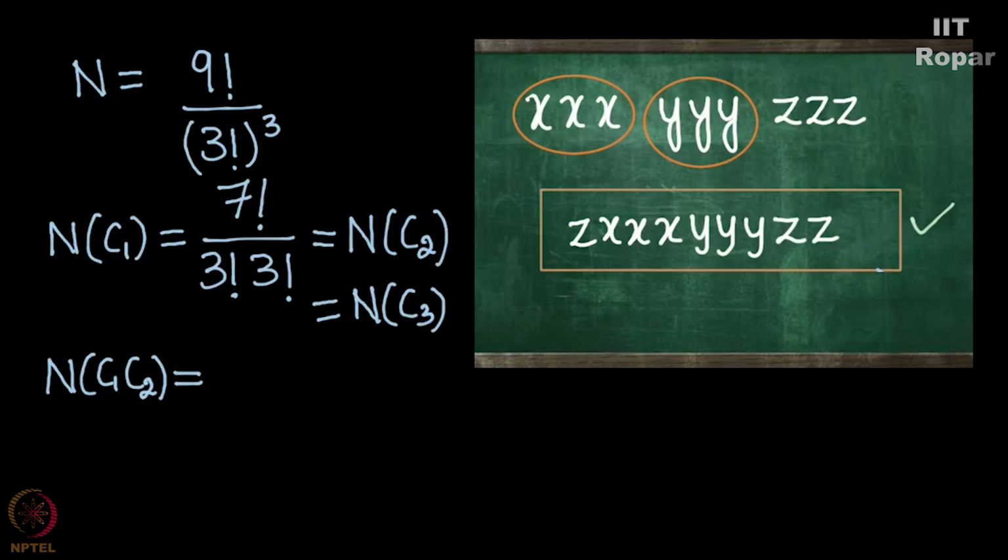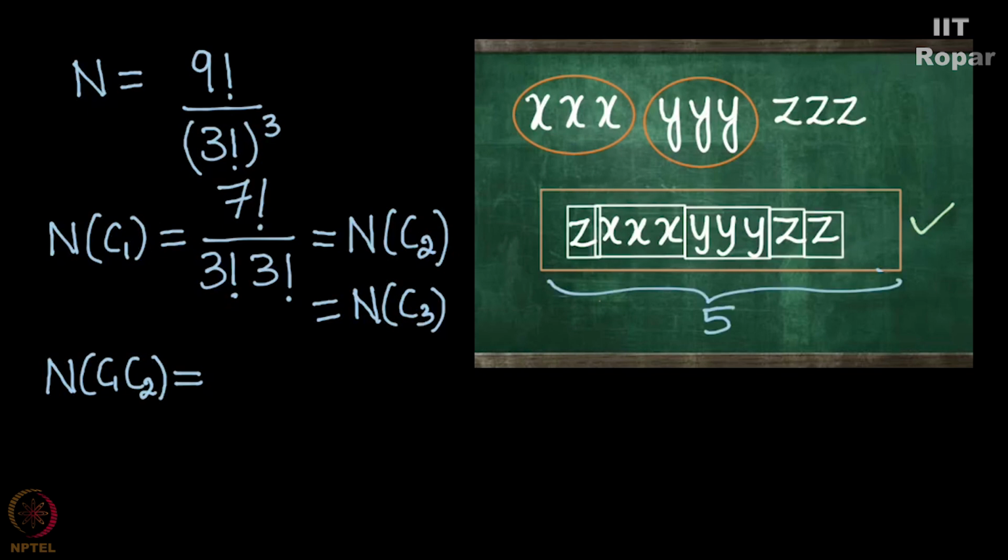Do you see? XXX and YYY both should come together. So I'm going to consider XXX as 1 unit, YYY as another unit and these Z's as separate units. How many entities do we have? We have 5 in all. So it happens to be 5 factorial by 3 factorial.